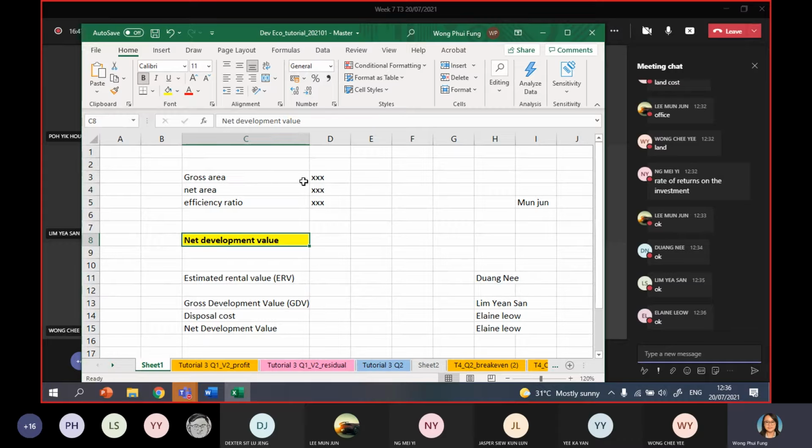First of all, you have to calculate the income first. So the income will be the NDV.